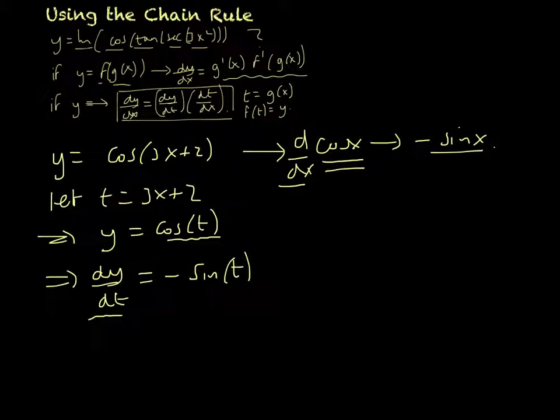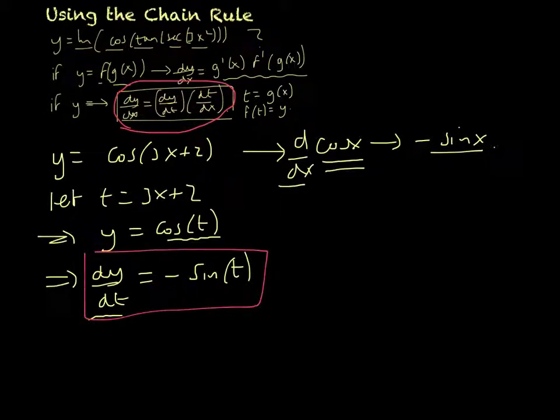And remember, we're following this chain rule here. So we've got our first ingredient, dy by dt, and now we need to get our second ingredient, which is differentiating our t value with respect to x then. So if t equals 3x plus 2, we should get dt by dx is 3.